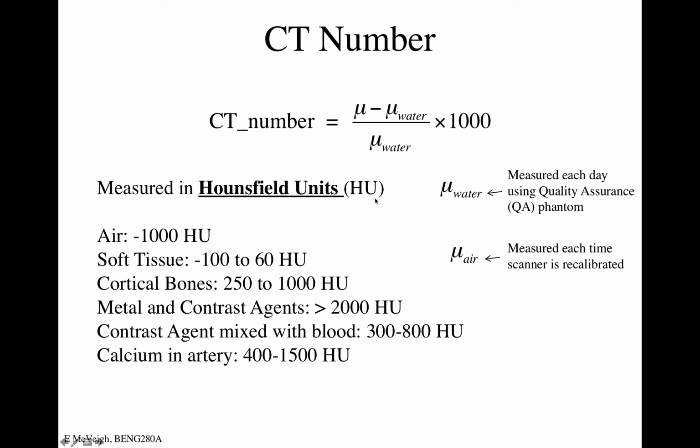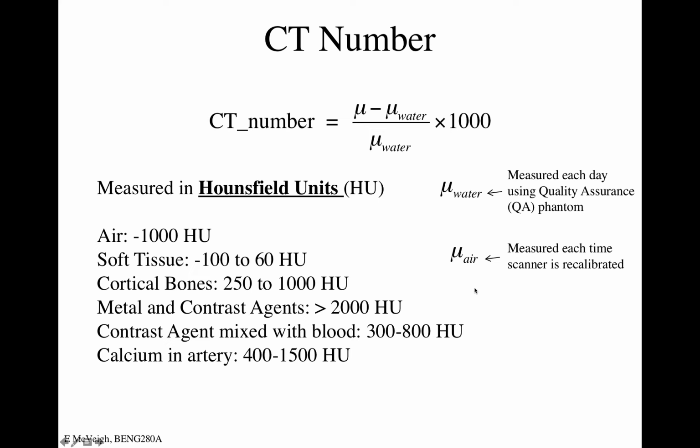So you have to know this value very accurately, and so this is measured every day. They put a water phantom in the scanner, they push go, they measure that value, and that's used that day as the calibration for the mu value. And they also measure air.